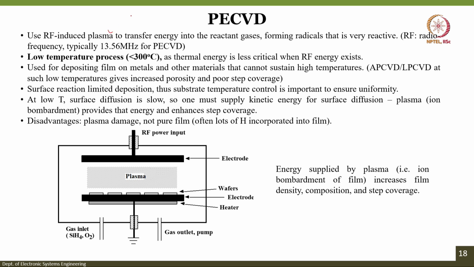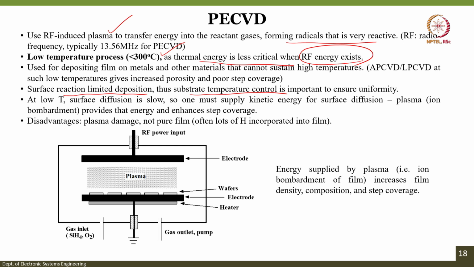RF energy is used to transfer the energy to the reactants, so that we can form radicals that are very reactive, and the reaction temperature is further reduced to, for example, less than 300 degrees Celsius, because thermal energy would be much less critical when you already have RF energy existing in your chamber. Then it is a surface reaction rate limited process, and since it is a reaction rate limited process, temperature control over the entire chamber is important to ensure uniformity.